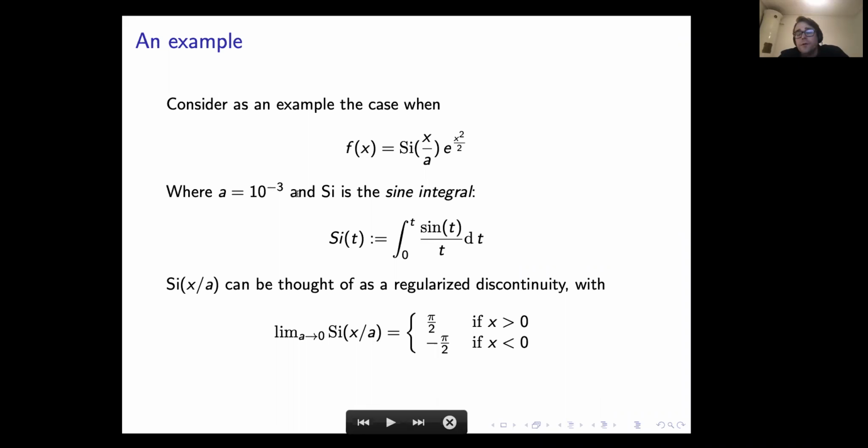In the example I'm showing you, we had 10 to the minus 3. And the reason, I mean, the sine integral for our purposes can be thought of as a regularized discontinuous function. As a goes to 0, it tends to plus pi half or minus pi half, depending on the sign of x.